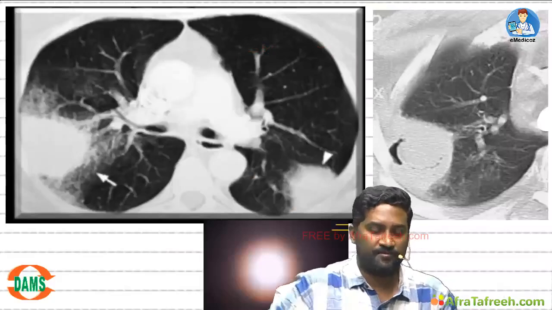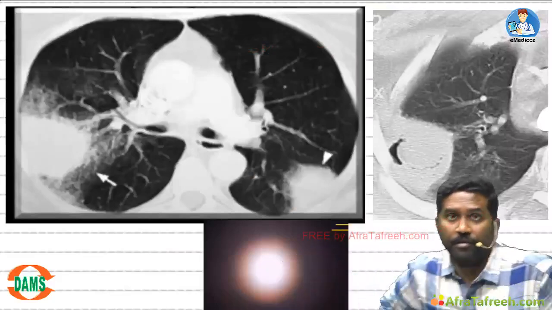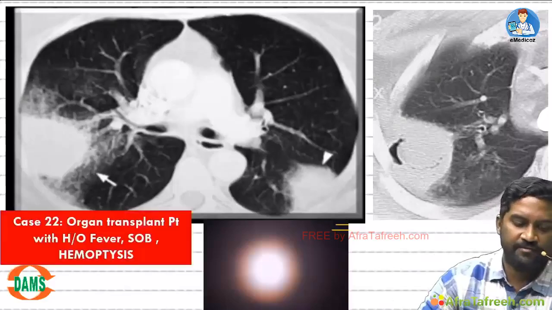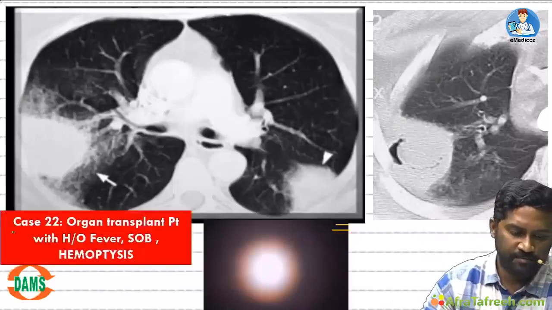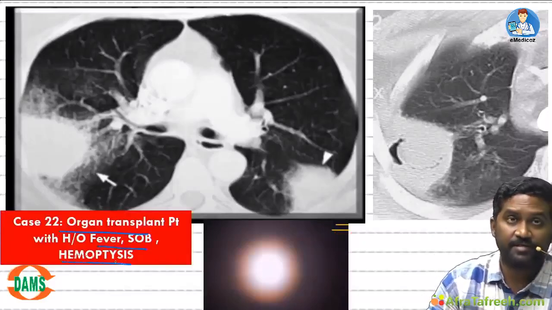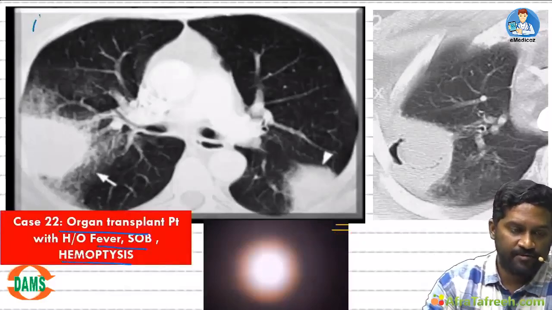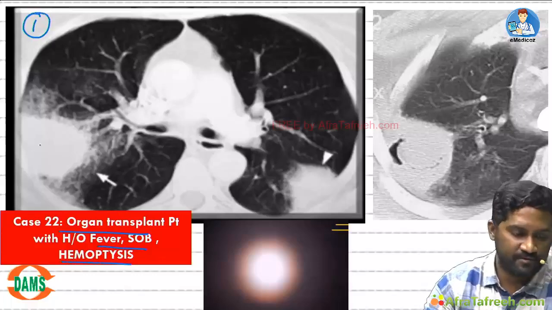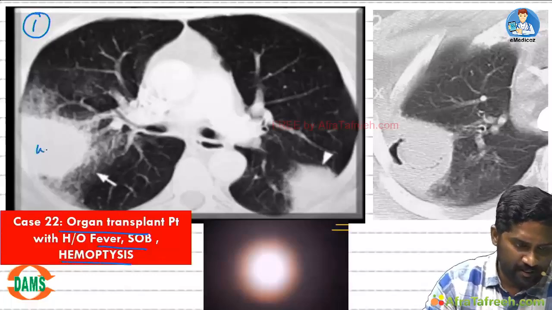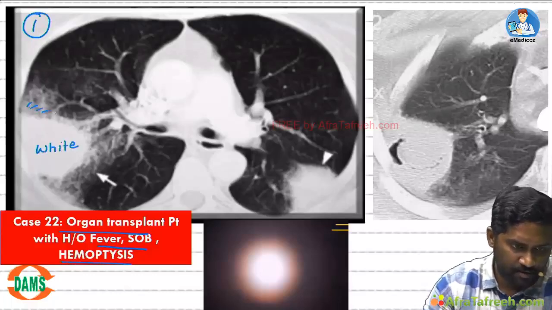Another case, this patient is an organ transplant patient. He presented to you with some fever, shortness of breath, hemoptysis. This was the first CT. What do you notice here? You can see an area which is white, around that there is less white.